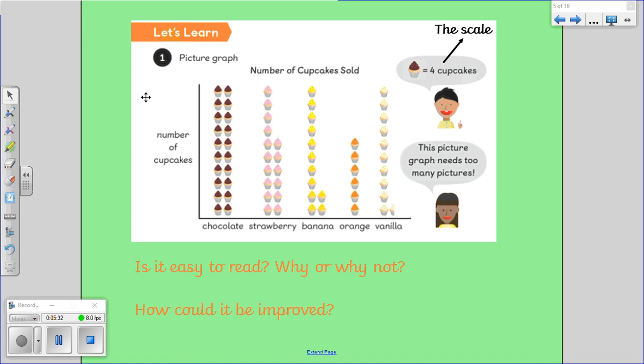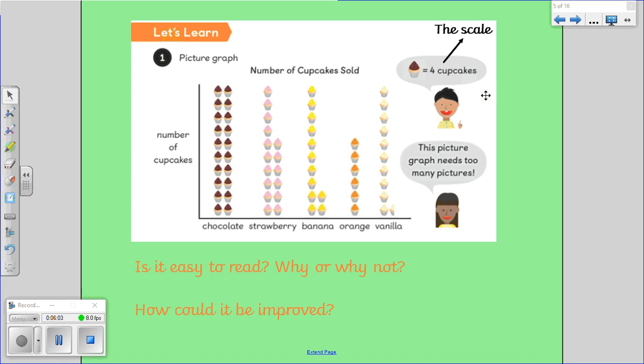Okay, let's have a look at this graph then. So we can see that this side of the graph is telling us the number of cupcakes, and at the bottom are the different flavours, which we can clearly see. That part is easy to read. Is it easy to read the amount of cupcakes? Whereas before we knew exactly how many cupcakes were sold for each flavour. For this one, is it easy to be able to tell that this is 80 cupcakes sold?